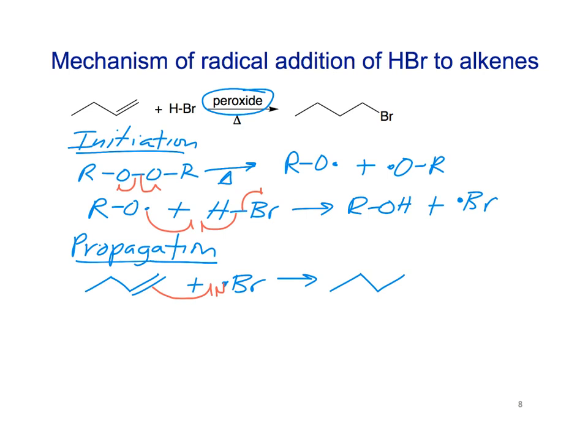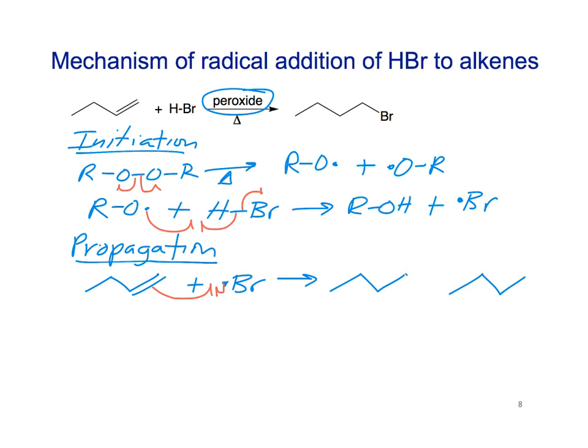Okay, so if we're going to form the more stable radical, do you think that radical is going to end up on this position here, which would be secondary, or the position out here that would be primary? The secondary one, right? That's more stable. So where does the bromine have to go then? It has to go on the end, right?